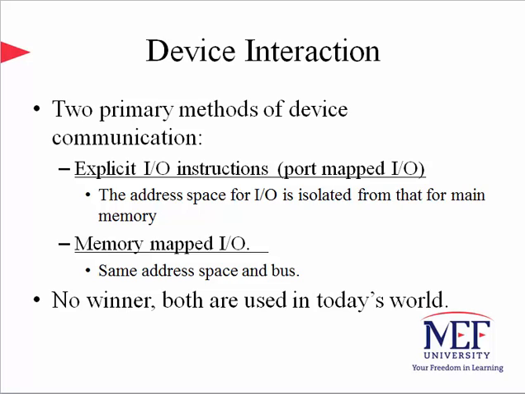To accommodate the I/O devices, areas of the addresses used by the CPU must be reserved for the I/O and must not be available for normal physical memory or user use. There is no single winner among these two approaches, and both types of interactions are used in today's world.